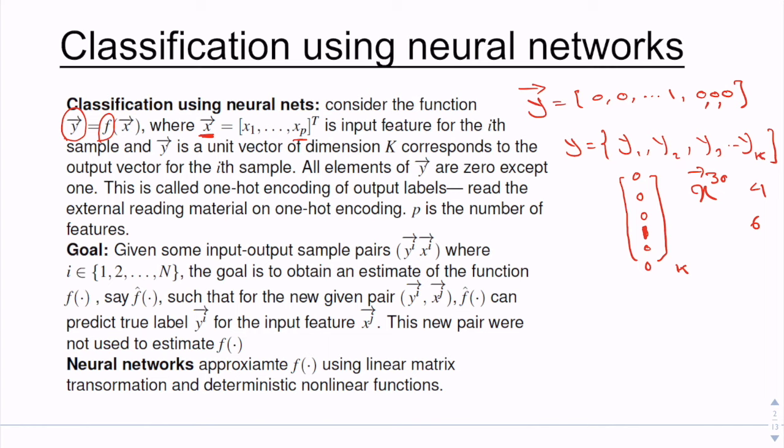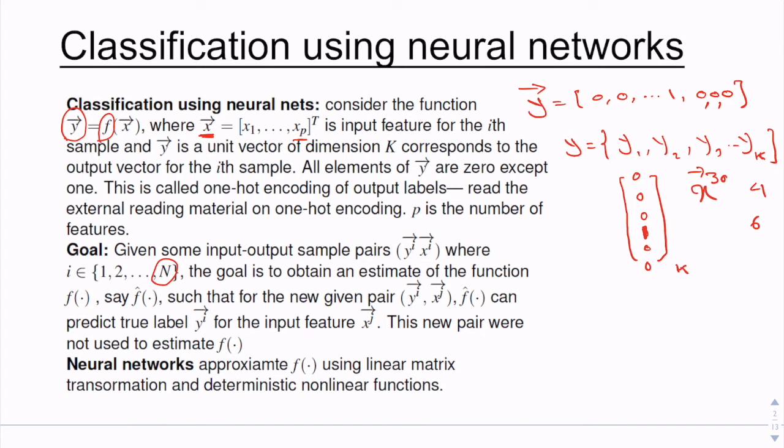So for now, the classification is: we have an input vector, or a feature vector, and this is mapped to an output vector, but this output vector is a unit vector, which means that only one element is non-zero, and that element is 1. The goal is, if you have these pairs of inputs and outputs for n samples, to find a function such that we can estimate the label for a new feature vector.